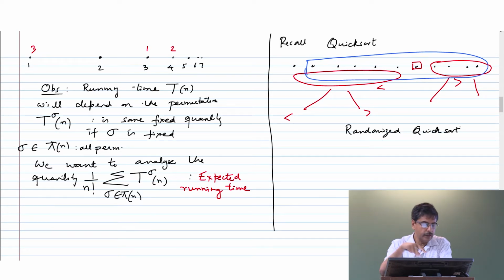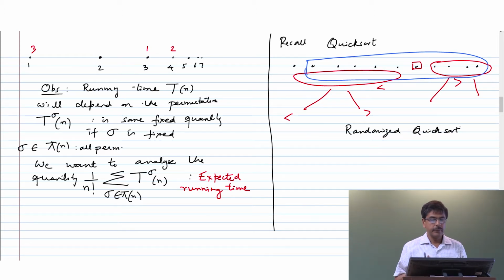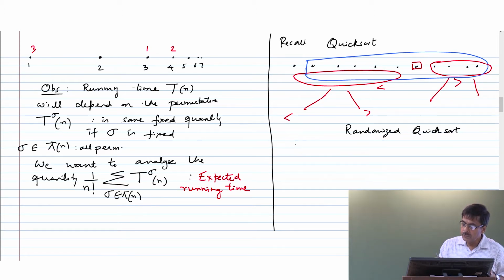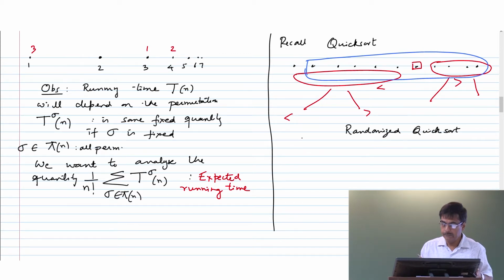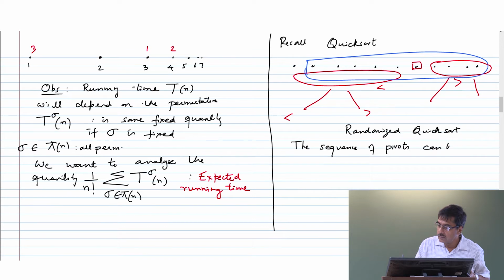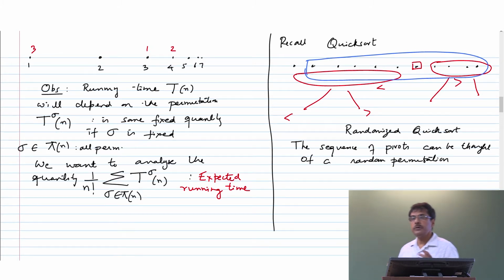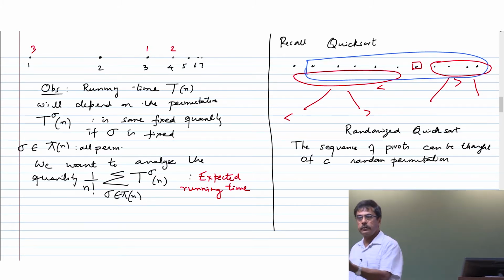So finally, you can think about quicksort also in the same framework, that the sequence of pivots could be thought of as a random permutation.